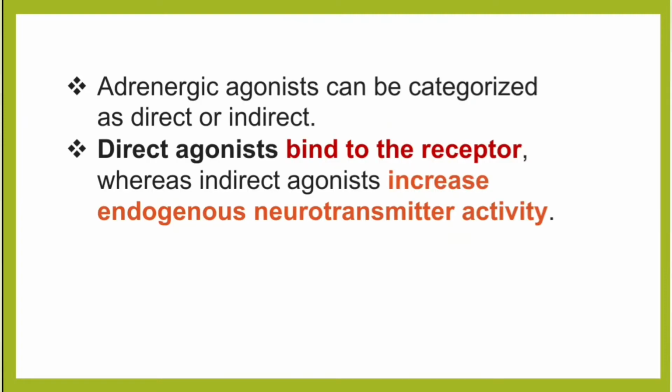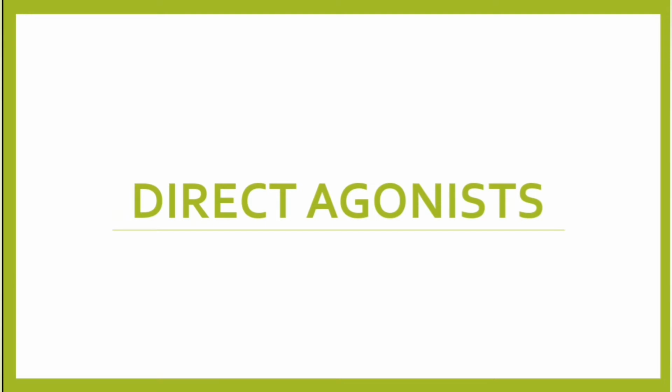adrenergic agonists. These drugs can be categorized as either direct or indirect. Direct agonists bind to receptor, whereas the indirect agonist will increase the endogenous neurotransmitter activity. So let's start with the direct agonist.